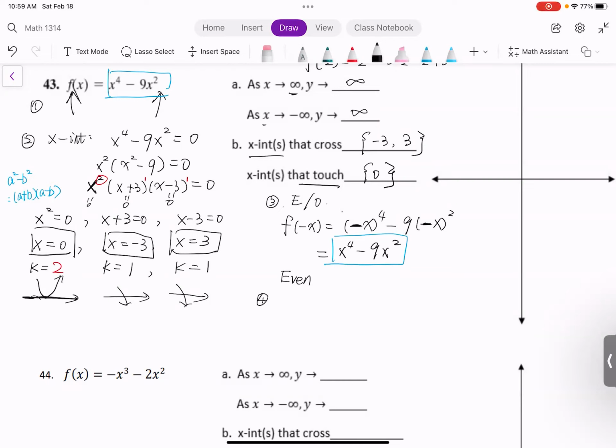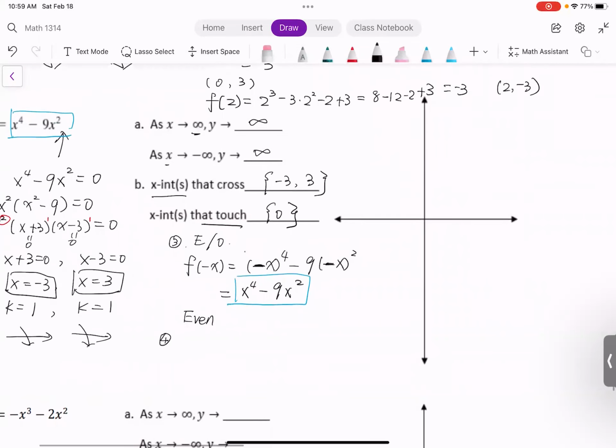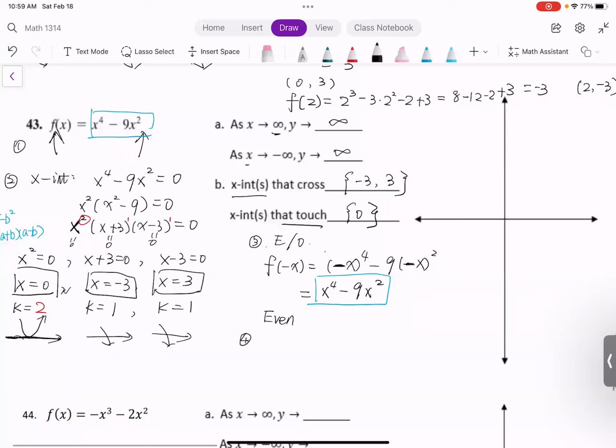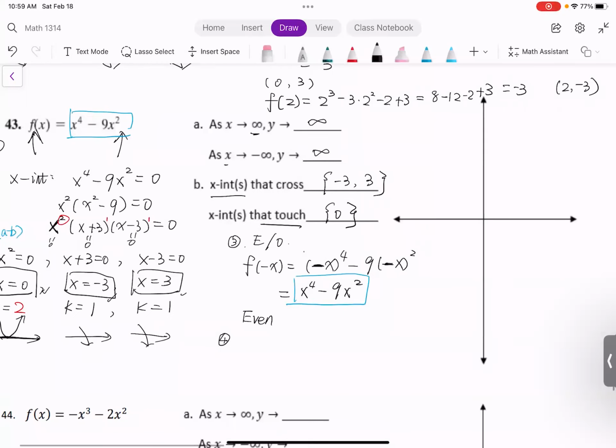Number 4, let's find some points between the key points. So we can plot the key points on the graph. They are -3, 0, +3. Something between them. Let's try +1 and -1. Let's try -1 first. f of -1 equals (-1) to the fourth minus 9 times (-1) squared.